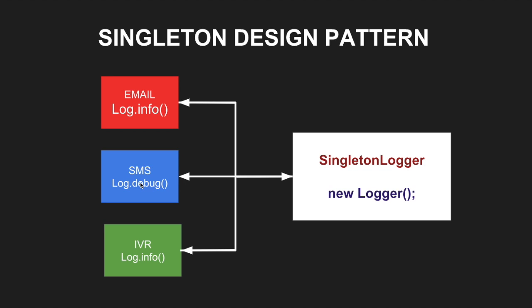With this object, for example here the SMS class calls the respective methods of the singleton class and uses it for logging. So this is the design of the Singleton design pattern.